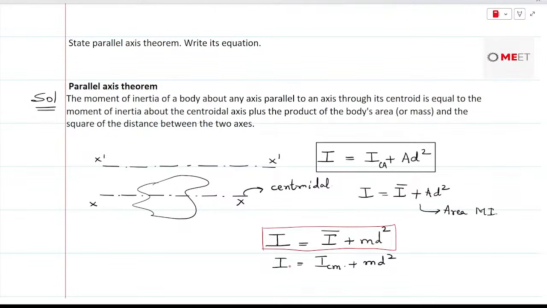For a complex shape, it is recommended to predict the position of the center of mass. So this formula you will find in kinetics, a branch of dynamics, and also in strength of materials and design of structures.